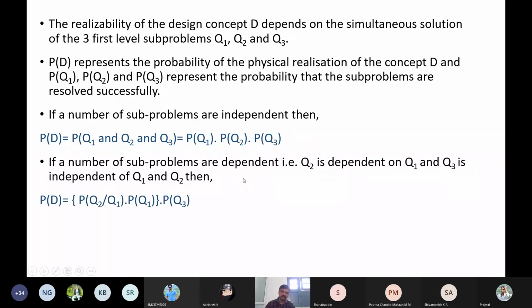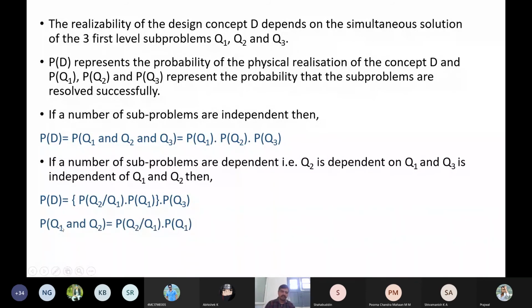So instead of writing PQ1 into PQ2, you are writing it as PQ2 by Q1 into PQ1. The reason is Q2 is dependent on Q1. Then since it is independent one, directly you are multiplying it with this, into PQ3.